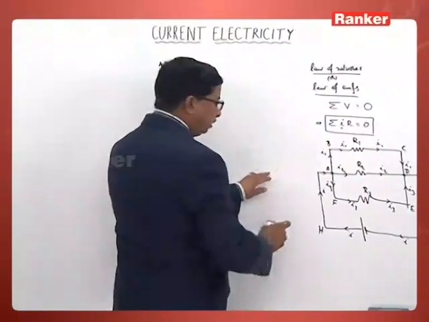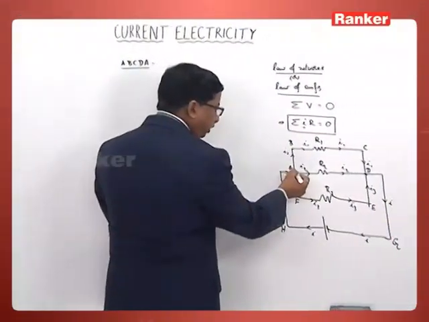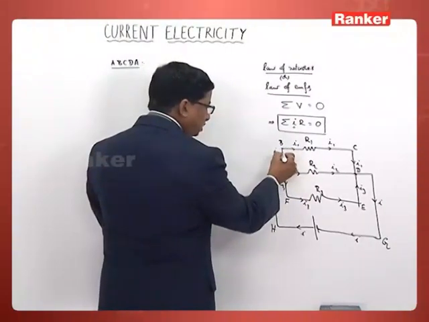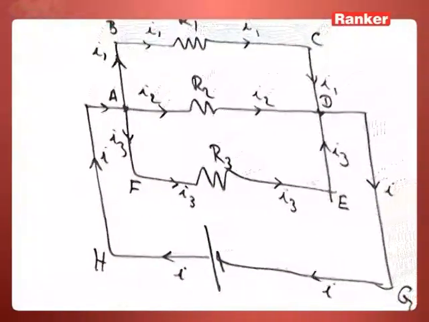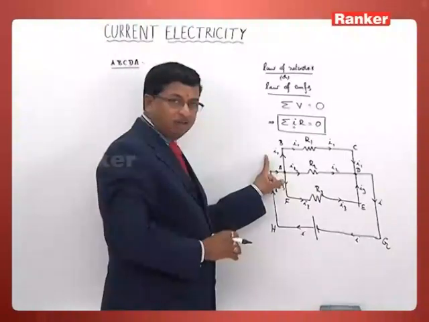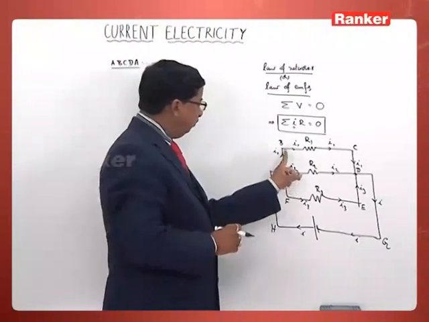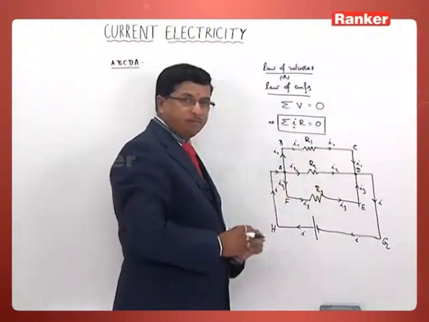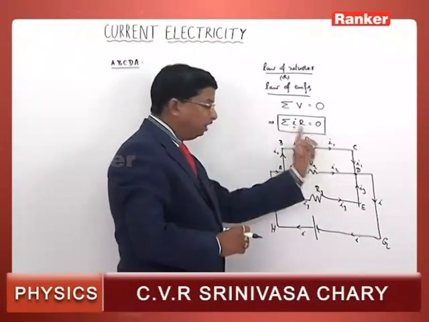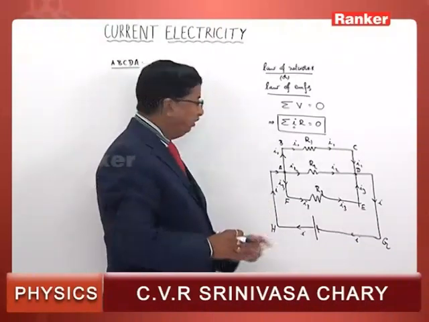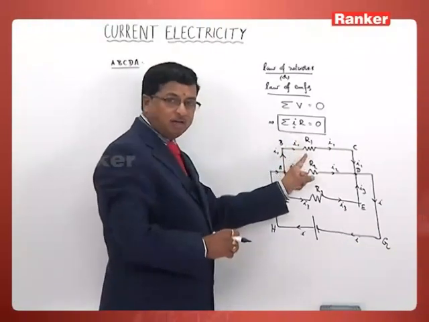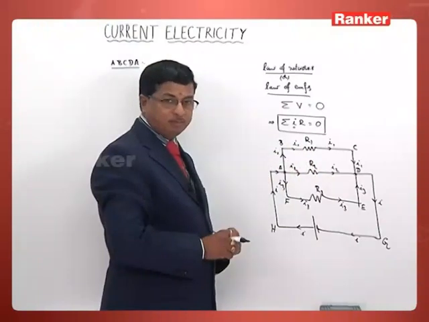In this network, when I move from A to B, I am following the direction of current. In such case, current is to be taken with a negative sign. When I move from B to C, I am again following the current's direction. In such case, that current is to be taken with a negative sign.